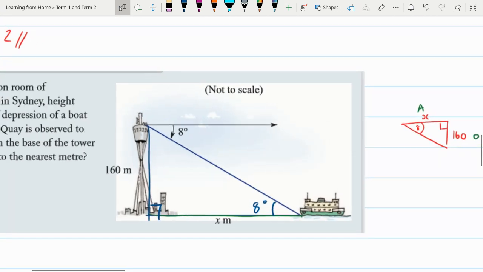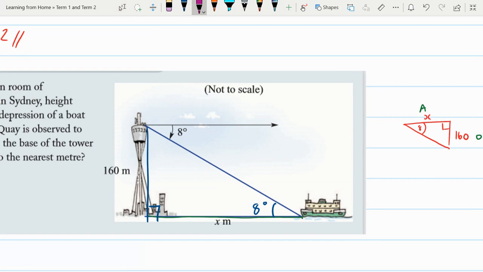Your other option with the diagram is to use the triangle with the 8 that's already in it. That line should be extended across a bit more. And just say, well, we know the height of the tower is this. That's the horizontal line.